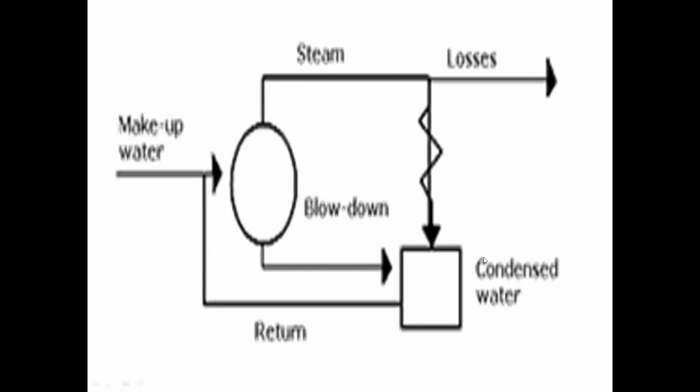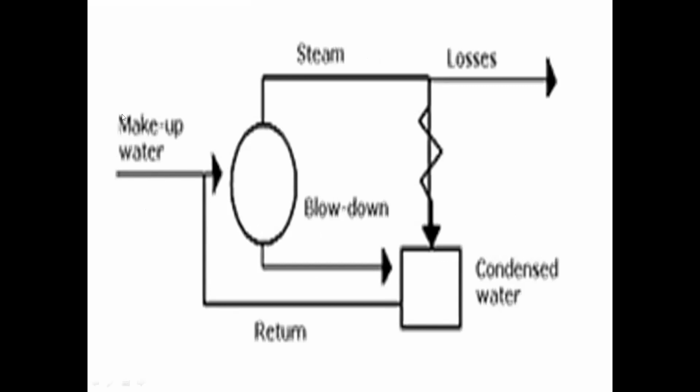So this is a diagram about how water is processed in our boiler systems. As you can see here, we have the makeup water, which is combined with the condensate water coming from our condenser, returning to the process stream, and that would be our feed water.